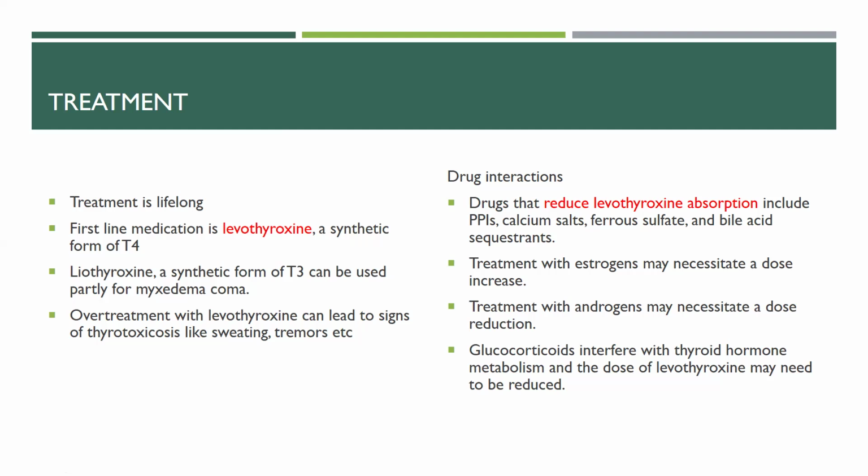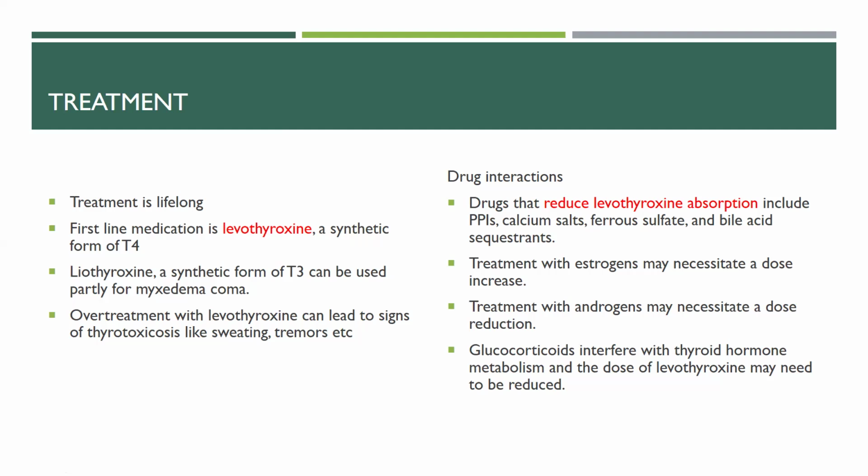And then if your patient is on estrogen, you might have to increase your dose, because there'll be a drug interaction with estrogen. And then if you're also treating with androgens, you'd have to reduce the drug just by a bit.